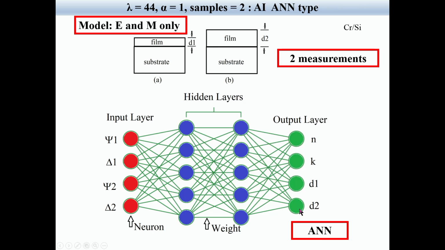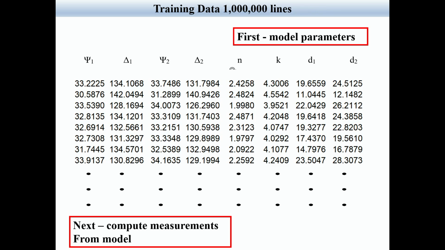And then there's an output layer over here, and it has N, K, D1, and D2, the unknowns. And then there's some hidden layers in between, and there can be more than one hidden layer. There's two in this case, and there can be multiple numbers of artificial neurons, which are the little circles. And that's something that you can adjust to get improvement in the performance.